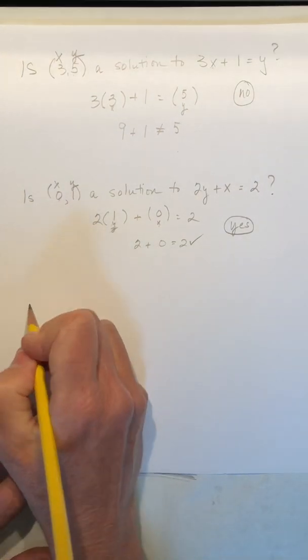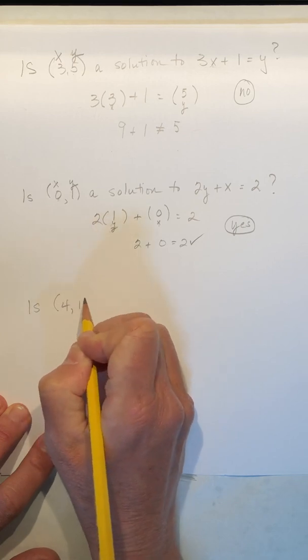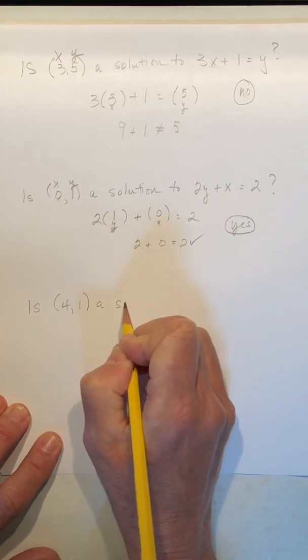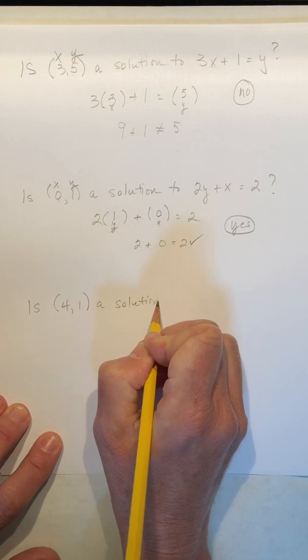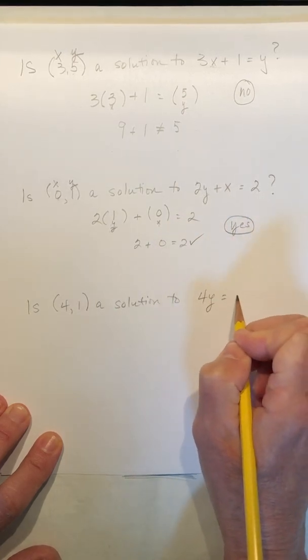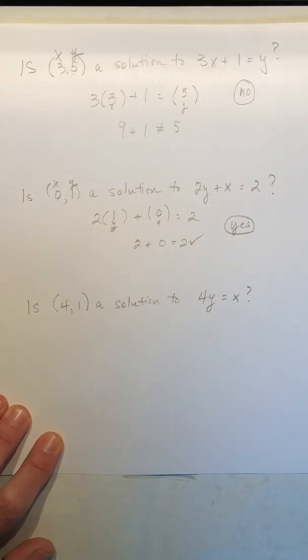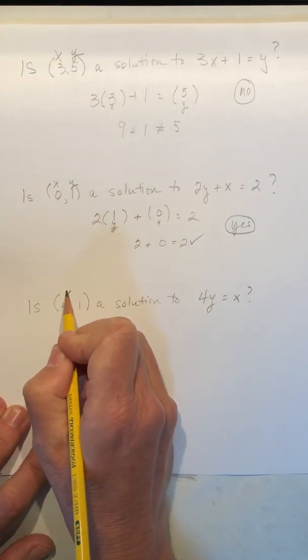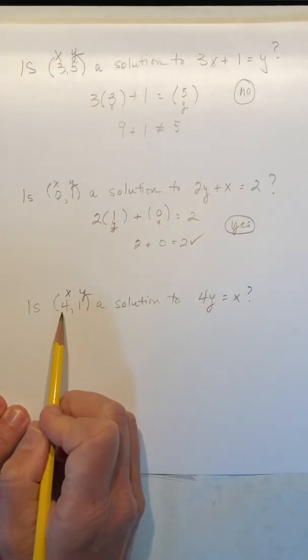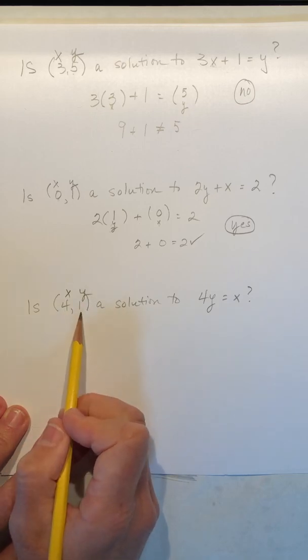All right, last one. Let's try this one. Is 4, 1 a solution to 4y equals x? What's the first thing I need to do? I'm going to label these x and y. This means when x is 4 and when y is 1.